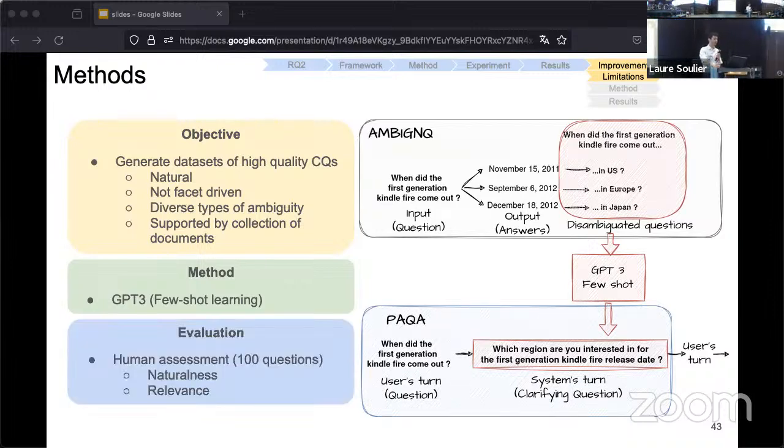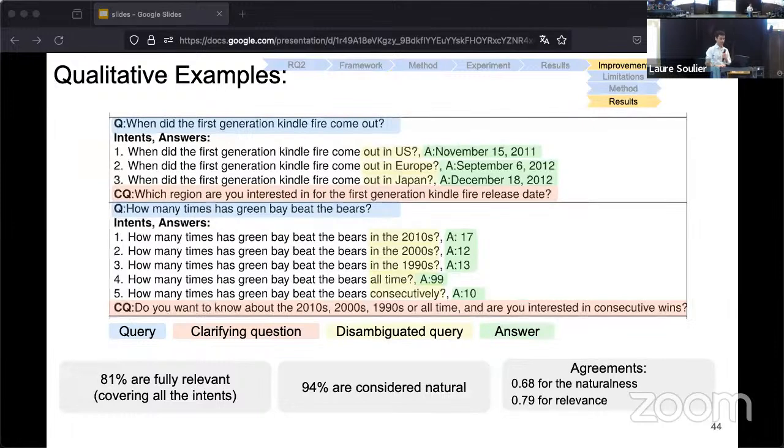And to evaluate this dataset, we selected questions from the generated questions, and we used human judgment to evaluate both naturalness and relevance. Relevance meaning, does the clarifying question cover all possible answers, or is it revolving around only a few? So there are more qualitative examples here. The human evaluation showed that 81% of the generated questions are fully relevant, which means that they cover all the intents.